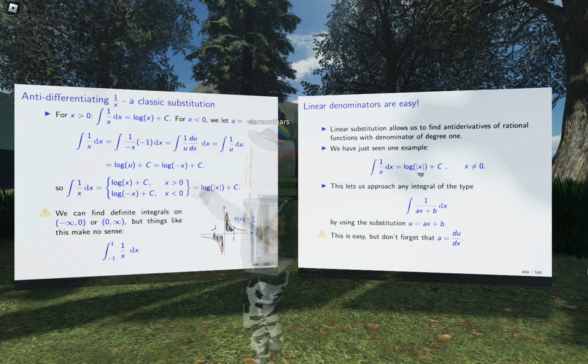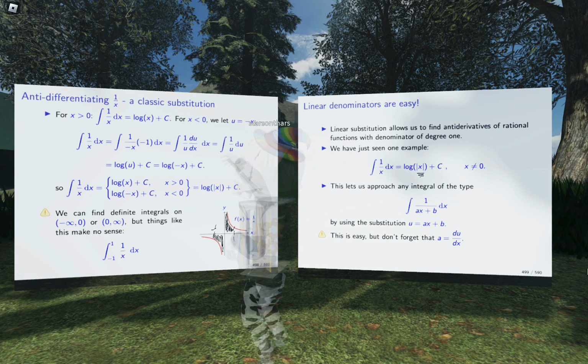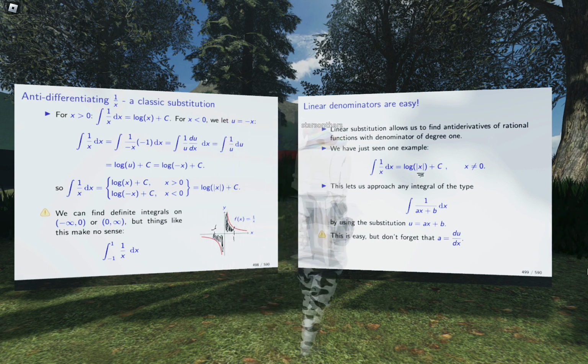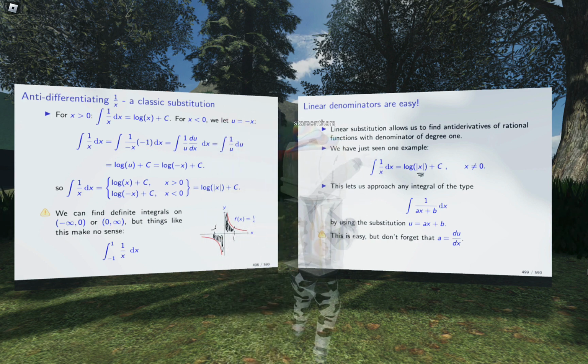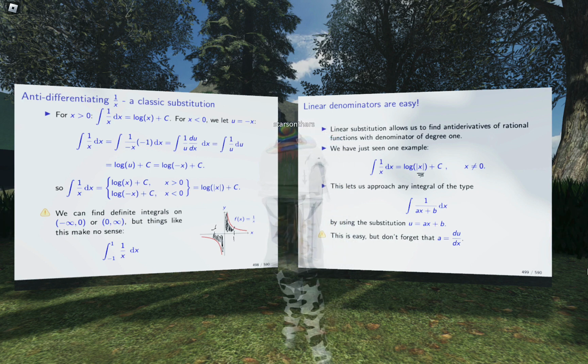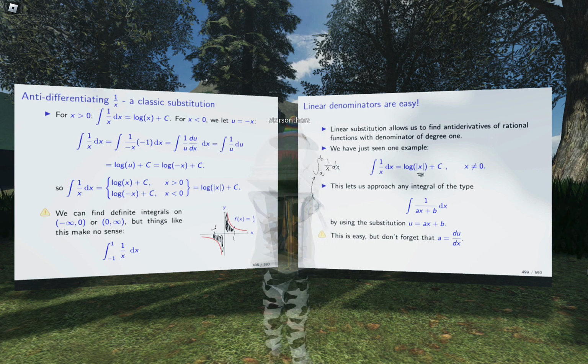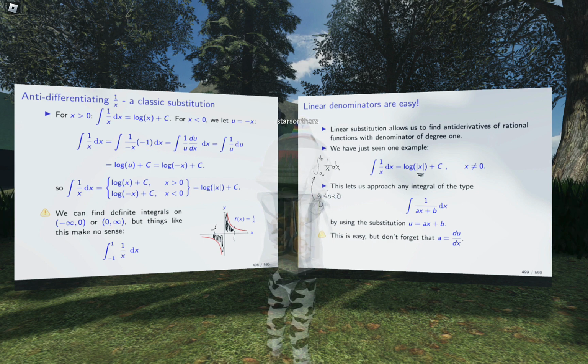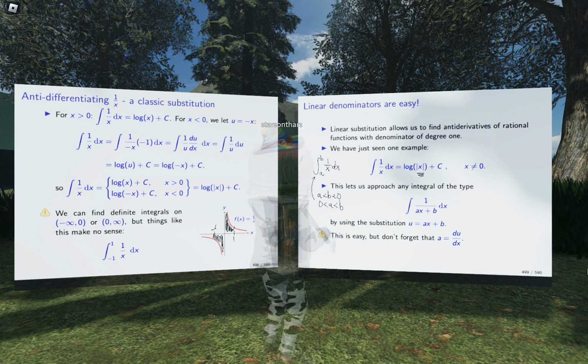Okay, so what does it mean? What does this formula mean? Well, it just tells us how to evaluate integrals which are of the form from a to b of 1 over x dx, where either they're both negative or they're both positive. Right?